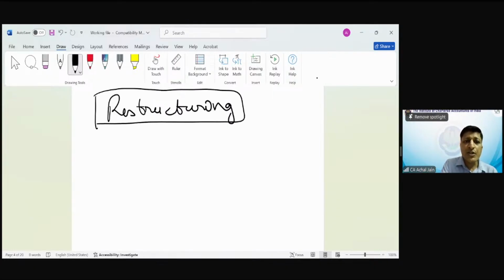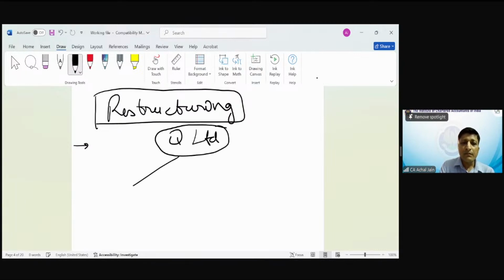So what is restructuring? Let's understand restructuring. Restructuring could be of any sort on the part of the entity. Say a company is there, Q Limited. It has got 3 units, Unit 1, Unit 2, Unit 3.